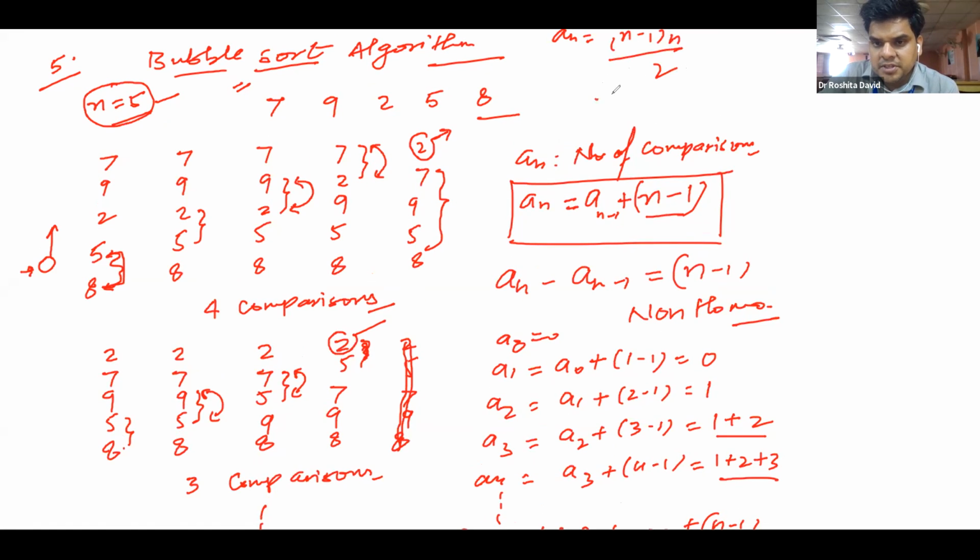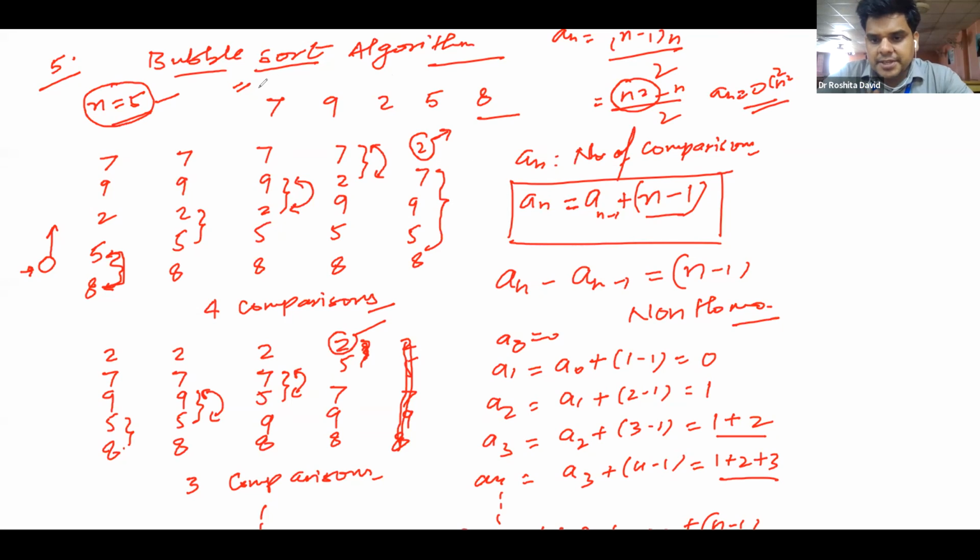So order complexity, if I check (n squared minus n)/2, order complexity is going to be O(n squared). Means a_n is equal to big O of n squared. This is going to be the order complexity of this bubble sort algorithm. So the recurrence relation concept will work to find out the order complexity of the bubble sort algorithm. So that's why this question is here in this recurrence relation.